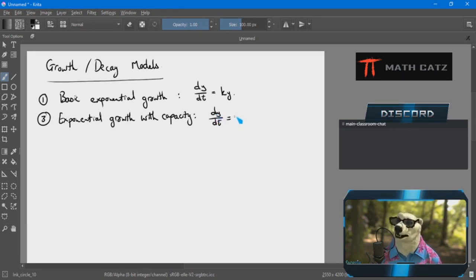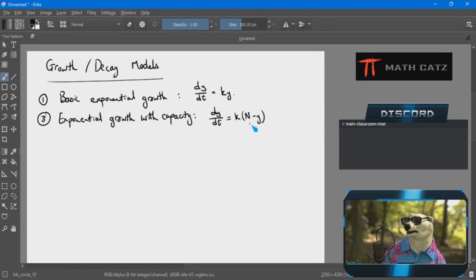So instead of 1, we can try to have the growth rate be proportional to the difference between some fixed constant capacity due to space, and our population size at that time.